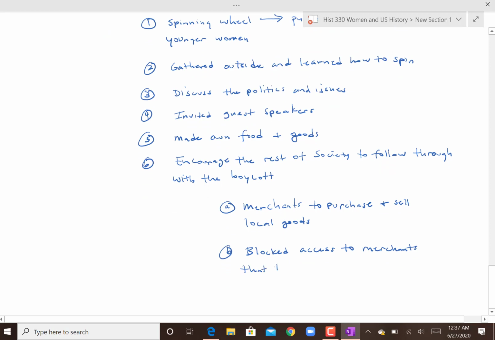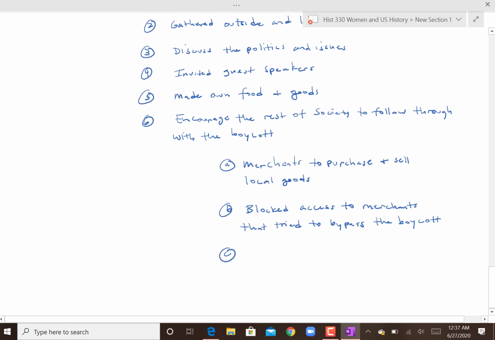So if a merchant said, screw that, I'm still going to bring in and sell British goods behind the back alley, they found out who was doing that, and then they would go block the store, sometimes blocking the merchant, but block the store so no one could get in and out. That way he couldn't sell whatever British goods he had.